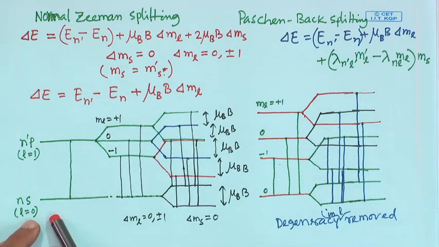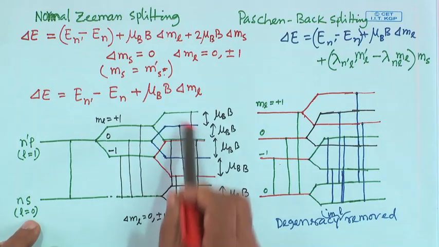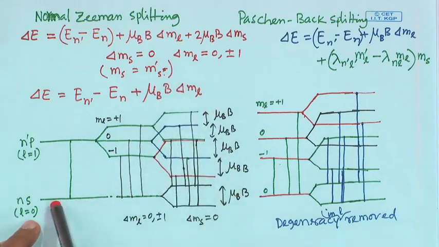Here L equal to 0 means m_l equal to 0, so there will not be any energy change.